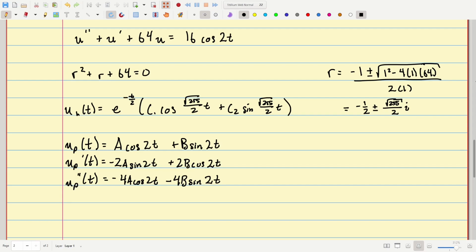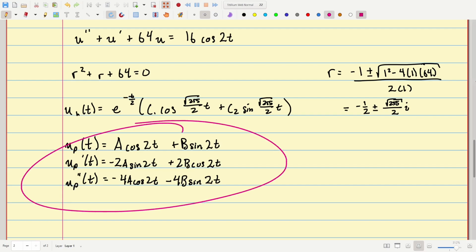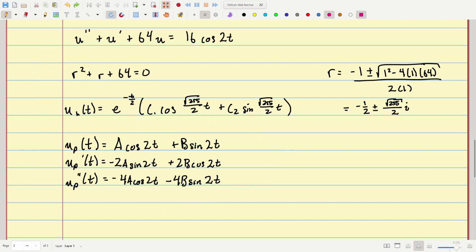All right. So now what we do is we take these and plug them back into this equation. So instead of doing a bunch of extra copying, let's work this out.